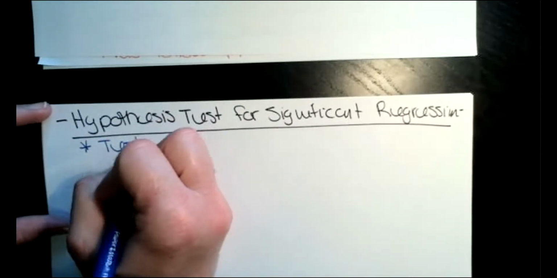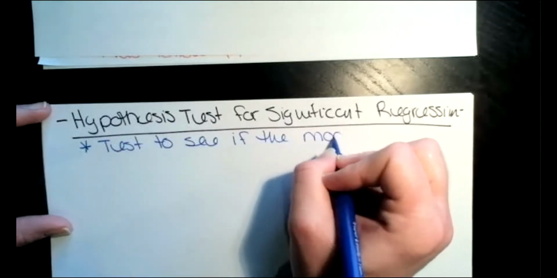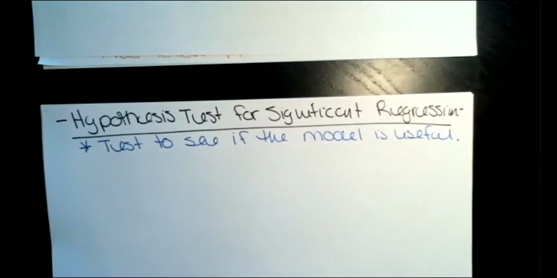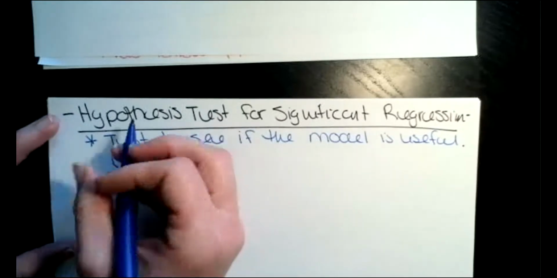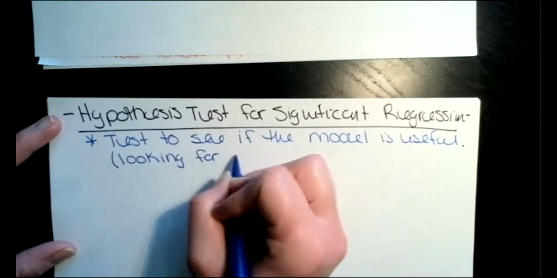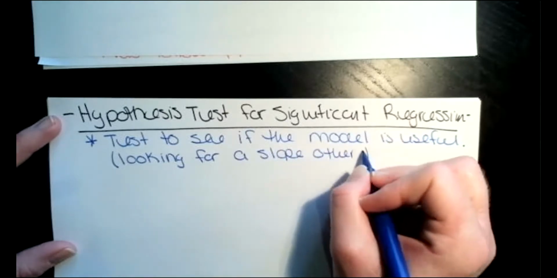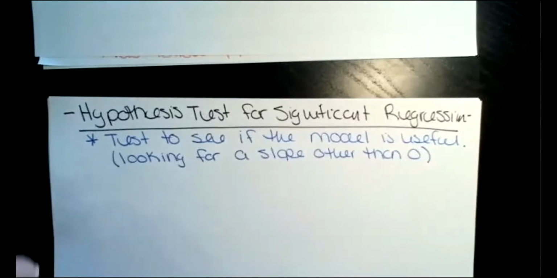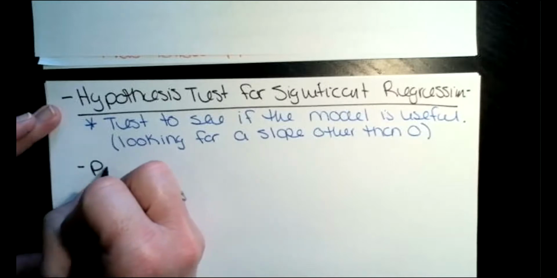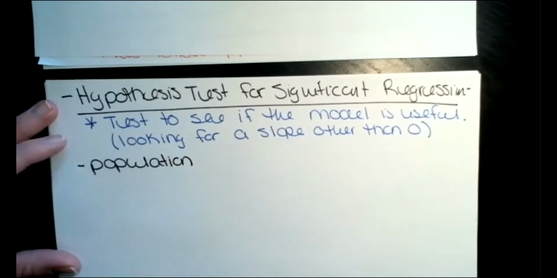We're testing to see if the model is useful. Looking for a slope other than 0. So something different than 0. We're going to use a shortened test process. So we're going to start right off with our population. And for a population step, we just have to do one thing, and that's define beta.